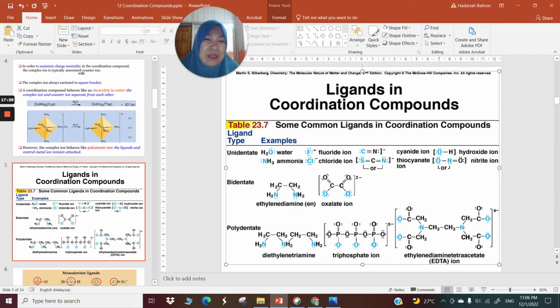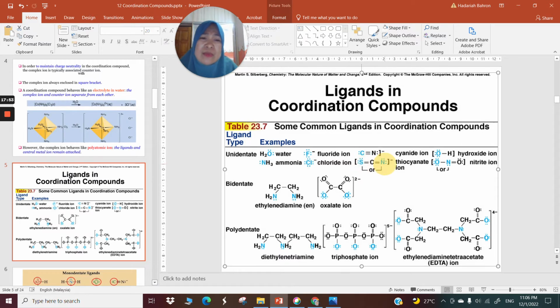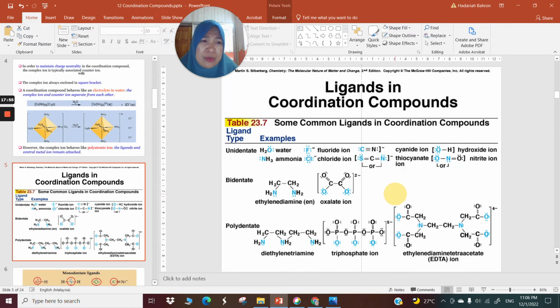The next example here is OH. It is pretty clear that oxygen is the donor atom because hydrogen doesn't carry any lone pair of electrons. But what if you have a choice? If you have sulfur and nitrogen, looking at the electronegativity values, there are certain times that sulfur will be the donor and certain times that nitrogen will be the donor.